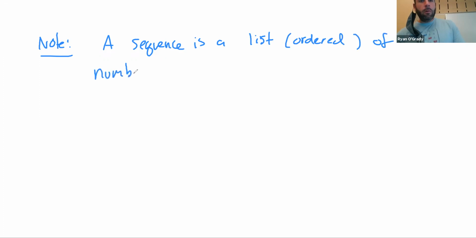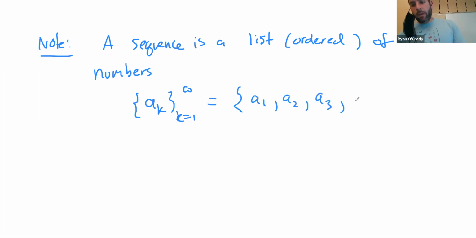So it looks like this. Let's say a sub k, k goes from 1 to infinity. What does that look like? It's a list: a sub 1, a sub 2, a sub 3, a sub 4, etc. That is a sequence.